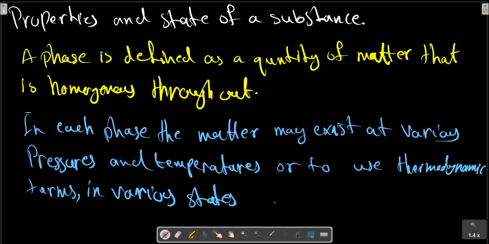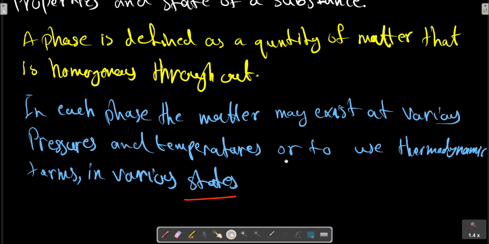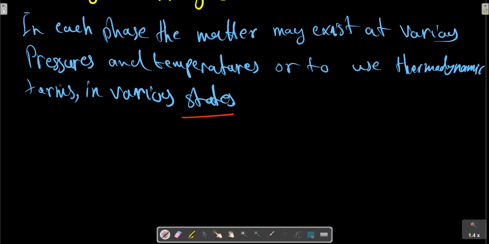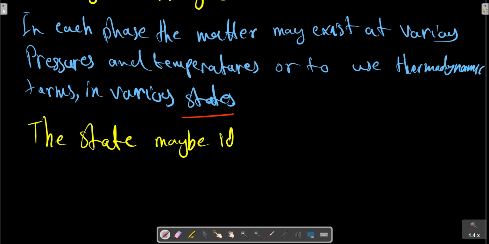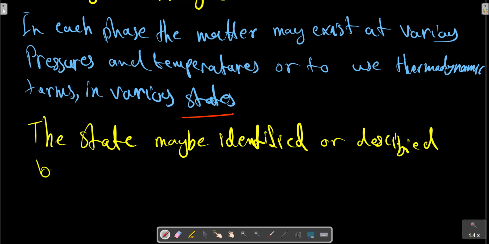The state may be identified or described by certain observable macroscopic properties.